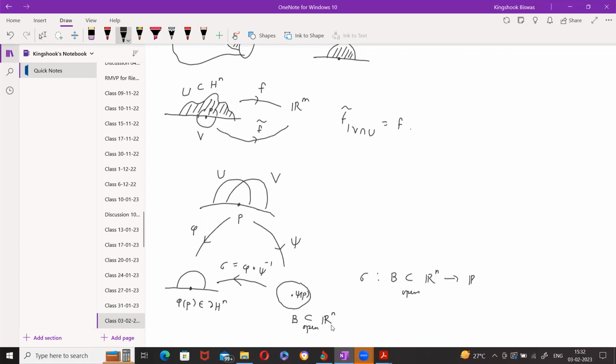Now this is a continuous one-to-one map from Rn to itself. Therefore, by a theorem called Brouwer's invariance of domain, sigma is an open map.